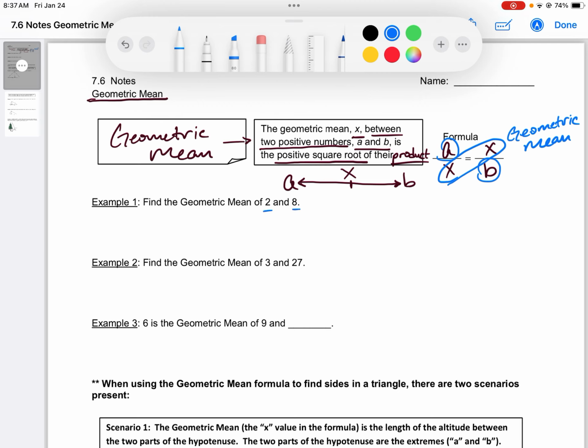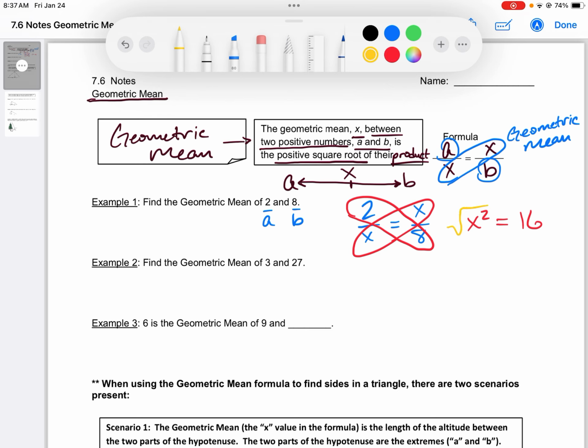For example number 1, we're given 2 and 8, so let's say that those are A and B. Using our geometric mean formula, we put A over X and set it equal to X over B. Now we're going to cross multiply. 2 times 8 is 16, and then we cross multiply here and get x squared.